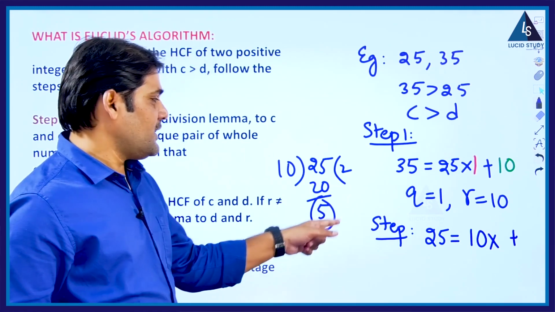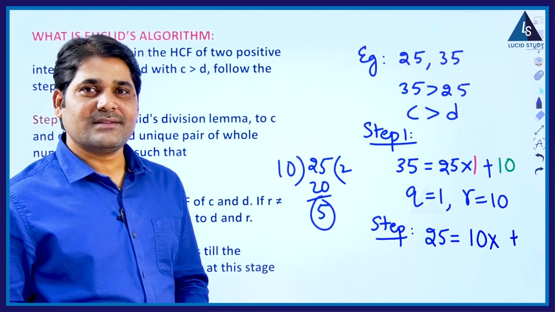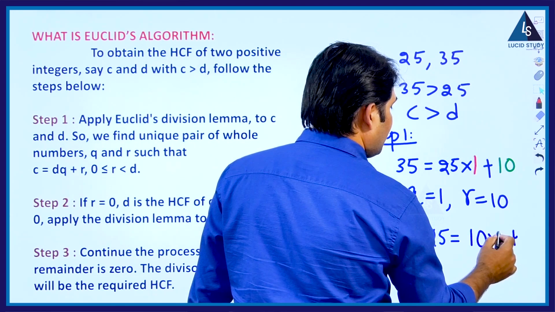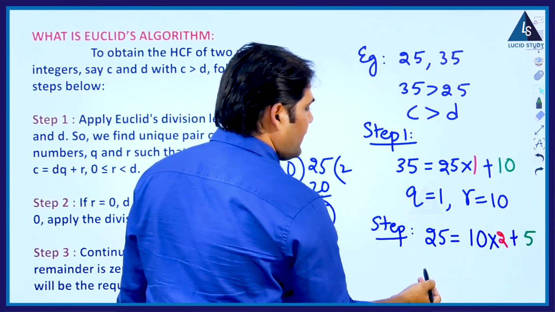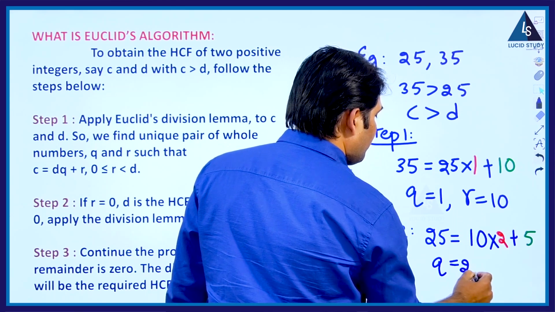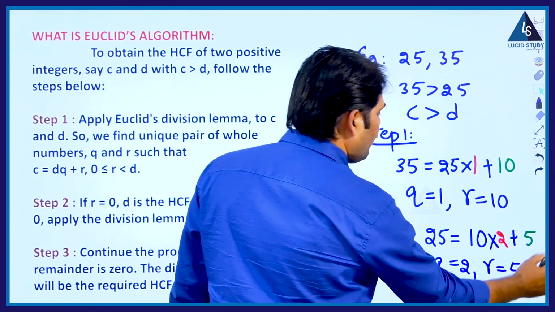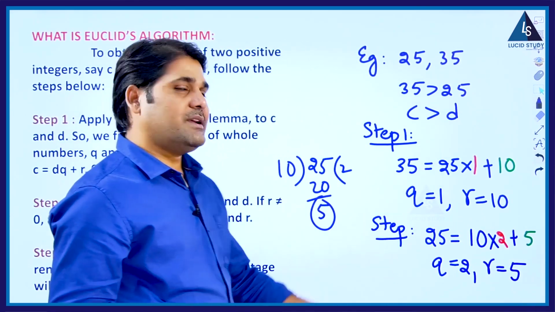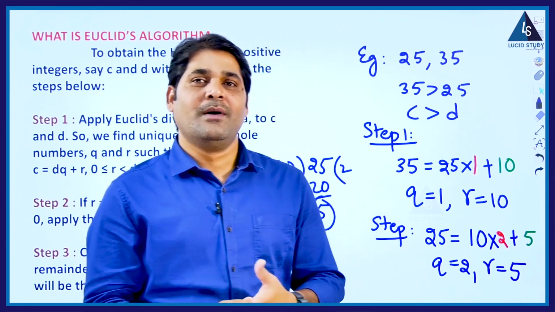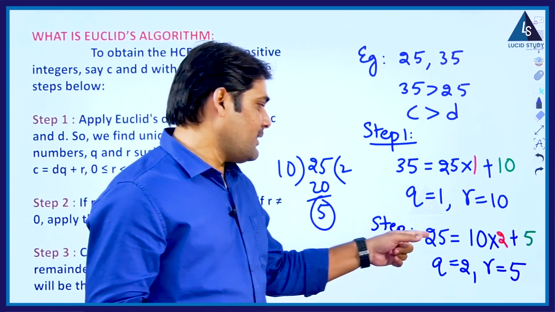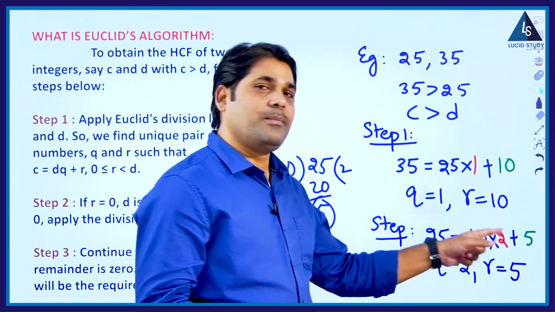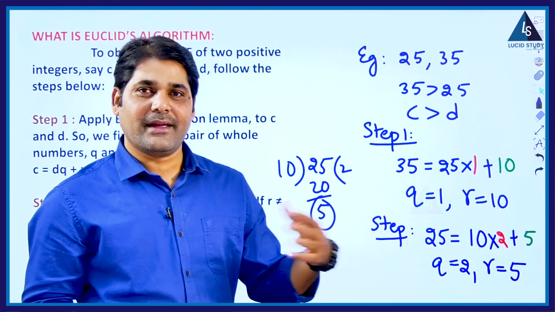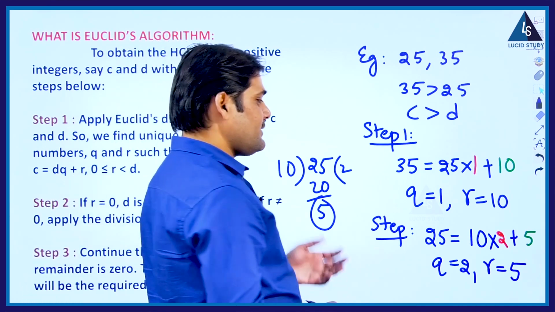So quotient we got 2 and remainder we got 5. So Q is equal to 2, R is equal to 5. Still we didn't get remainder 0. Now again, for these two numbers, 10 and 5, we need to apply Euclid division lemma again.